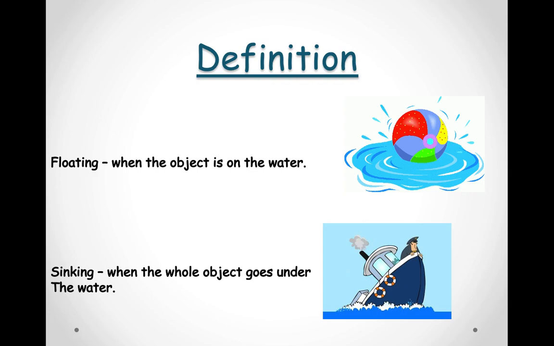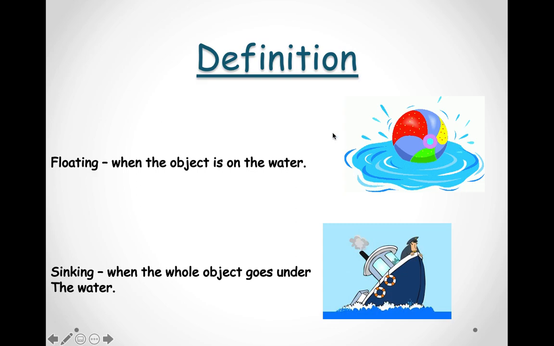Now, floating means when the object is on water. So if I throw the object into the water, it will come up to the surface, so it will stay on the water. But sinking is when the whole object goes under the water. So if something sinks, it will go to the bottom of the glass. If something is floating, it will stay at the top of the water.